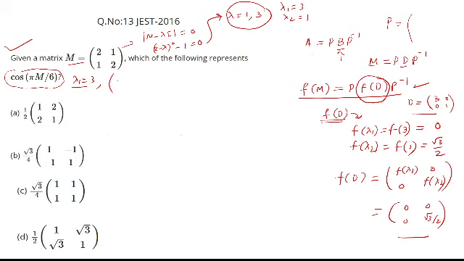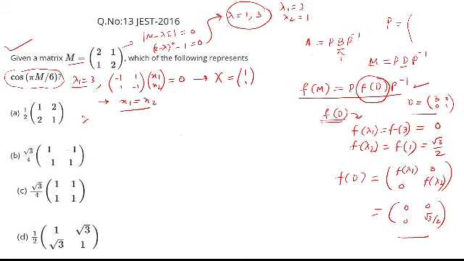So 2 minus 3 gives negative 1, 1, 1, negative 1, times the column matrix x1 x2, equals 0 0. From here we can say that x1 equals x2, so the eigenvector corresponding to this eigenvalue is 1 and 1.